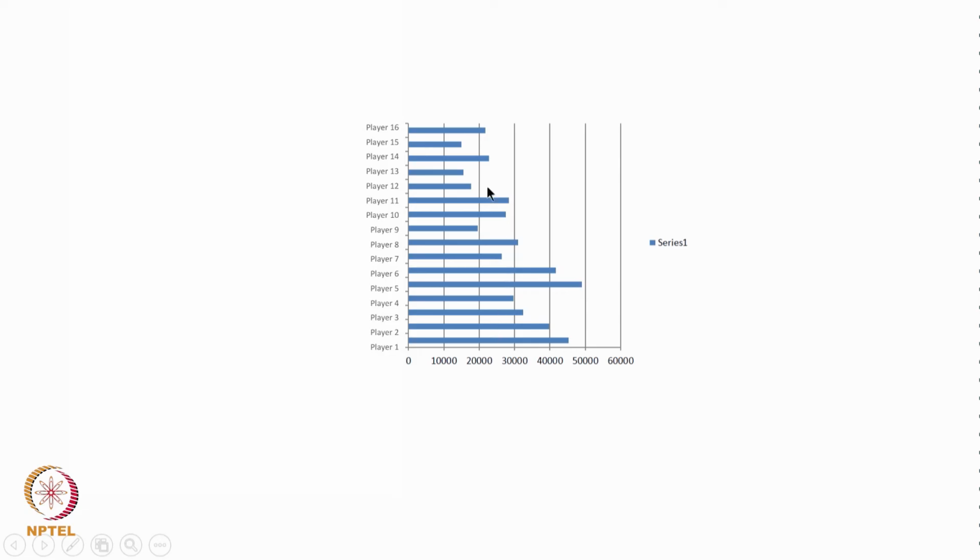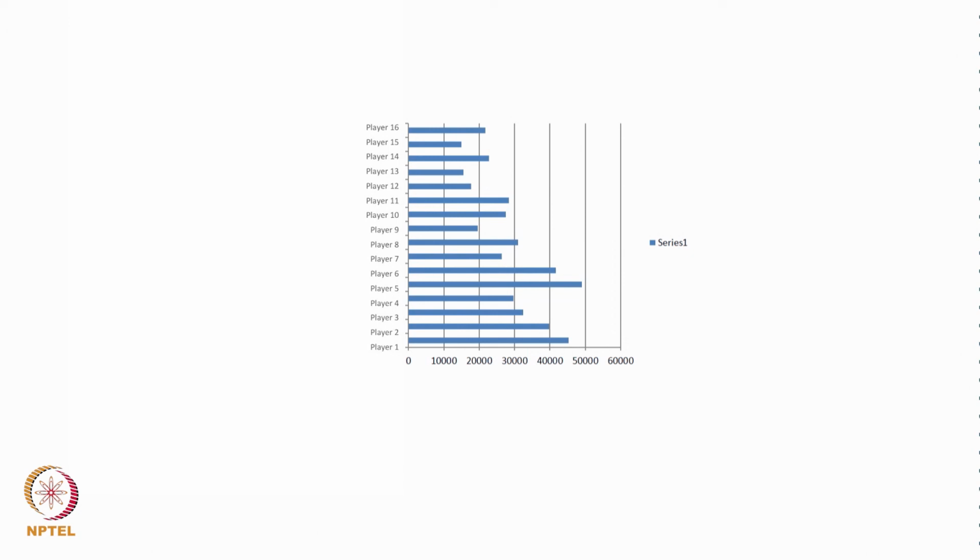Perhaps a slight disadvantage of this representation is that by looking at this bar, it is slightly difficult to say what is the exact number of votes or polls this person has got. One can only say that it is between 40 to 50,000, and much closer to 50,000, one might get a feeling that this is anything between 48 to 49,000. So, in spite of this, the bar chart is accepted as a very convenient and nice way of presenting a categorical variable.